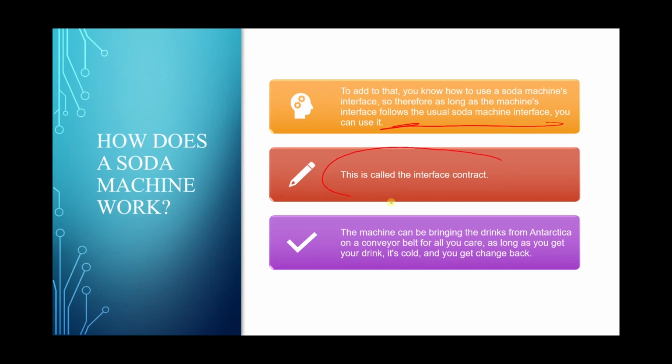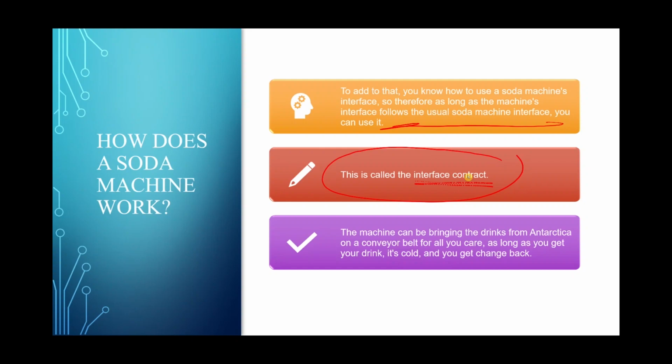This is what we call the interface contract. Why? Because if you fulfill your end of the bargain, which is putting the money and selecting a drink, the machine fulfills its end of the bargain, which is doing the calculation and picking up your drink and putting it in the hole.